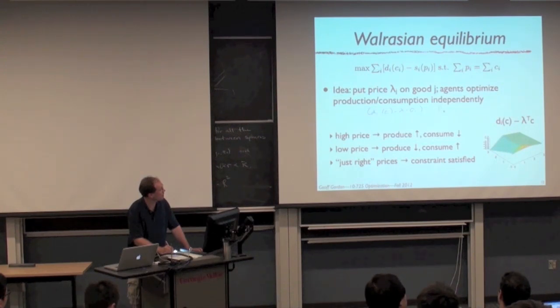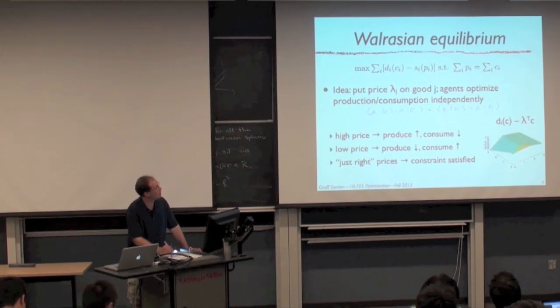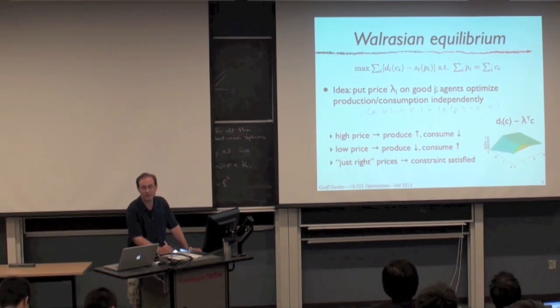And then for production, I'm going to have p_i of s_i, again, minus lambda dot s_i, right? And I'm going to have the difference of that for each agent. And the interesting thing now is that there are no cross terms. Each of these is within a single agent.